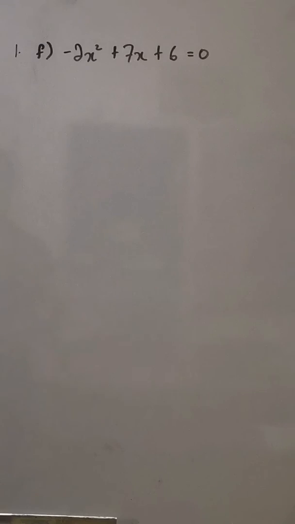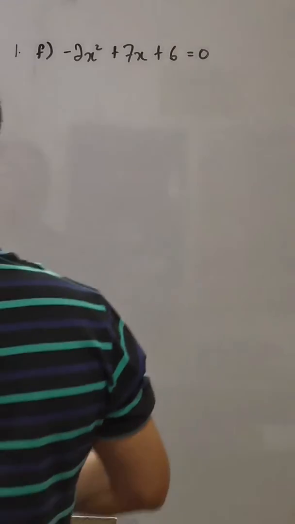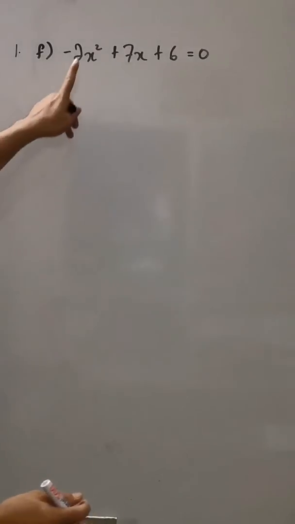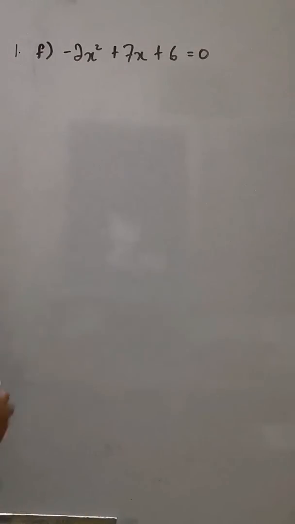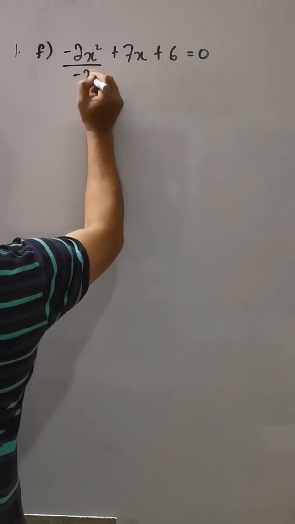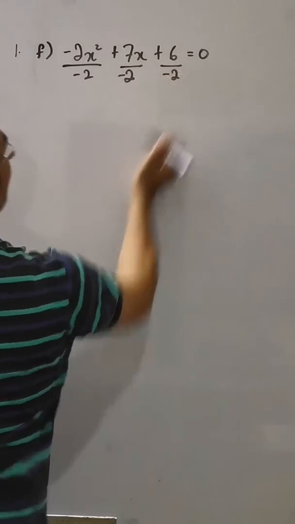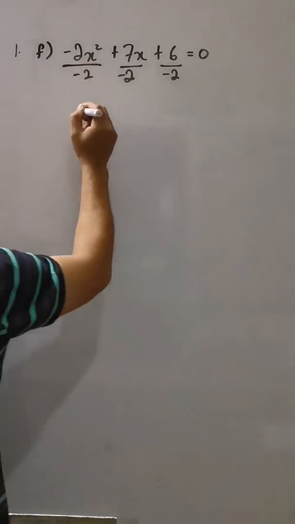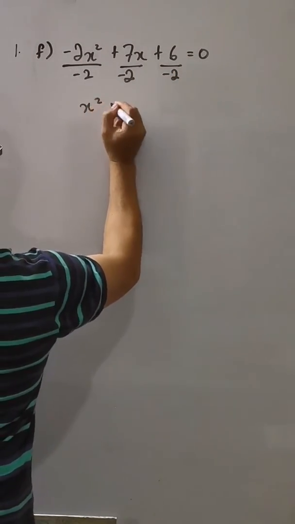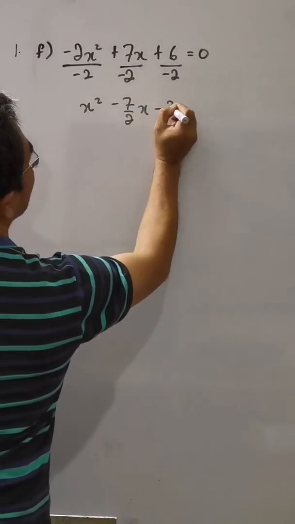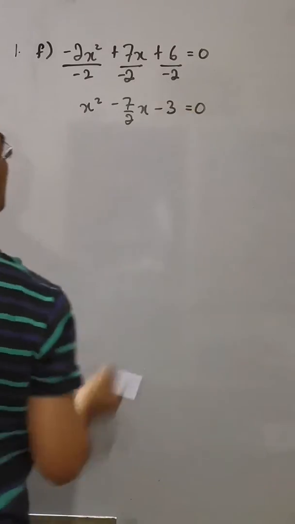Question F. Negative 2x squared plus 7x plus 6 equal to 0. So in order to complete the square, make sure that our a will be 1. So you divide by negative 2. This is also divided by negative 2, this is also divided by negative 2. If you simplify, it becomes x squared minus 7 over 2x minus 3 equals 0.